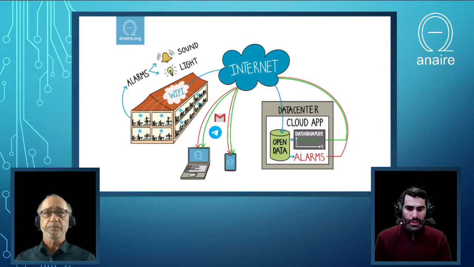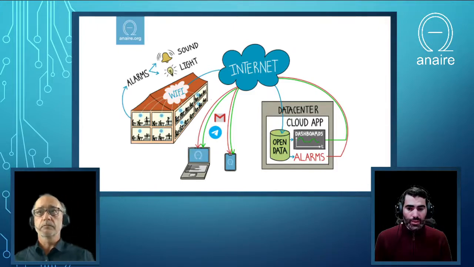So basically, the idea is to have a device in every room in the company or the school to monitor, so we can get constant measures of the concentration of CO2, the temperature, and the humidity in every room.